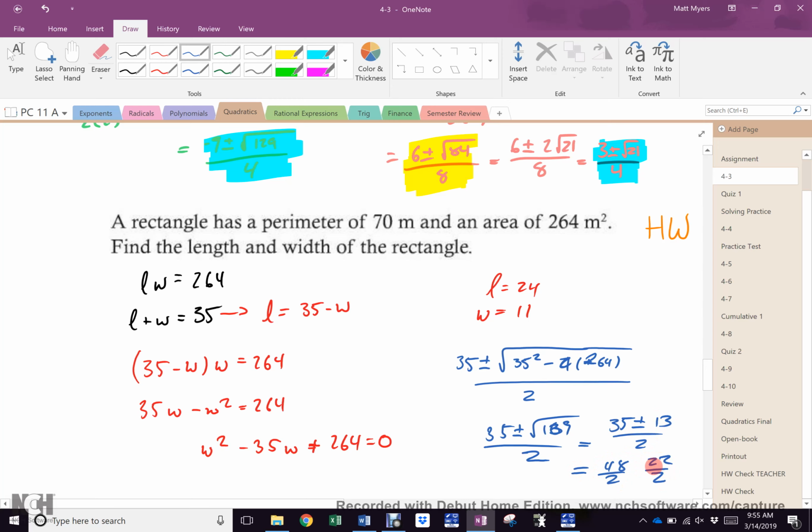So the two possible options are 24 and 11. Then you go back here and that gives it to you.